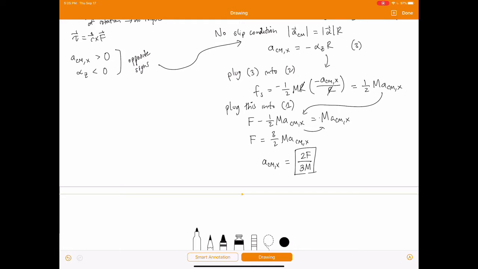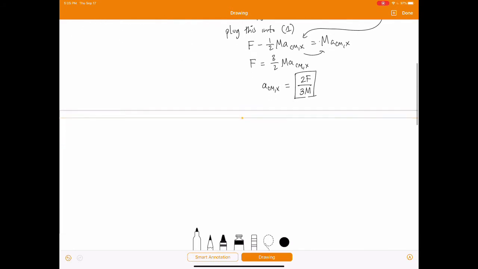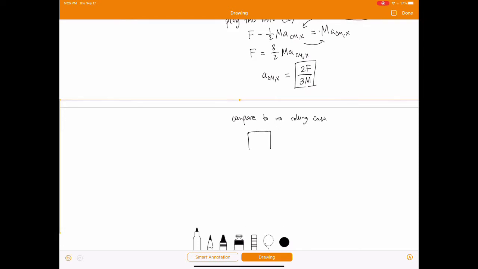That's how fast it's accelerating. Now, let's compare this to something else. So compare this to just dragging an object across the floor such that it's not rotating. So compare it to, let's say, a no rolling case. Let's say you just have a box.